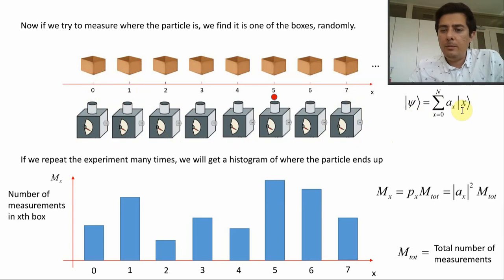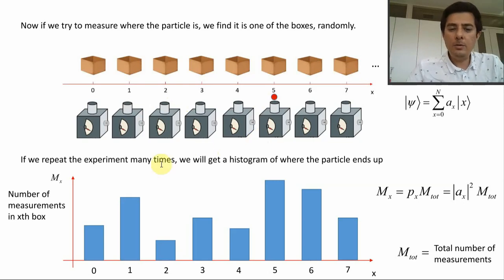If it's in this kind of superposition state, it's going to probabilistically go into one of these detectors. So it'll be random, and it won't go into the same detector every single time. Maybe this time it's gone into detector number 5, but on the next round, it'll be in detector number 1, and so forth.